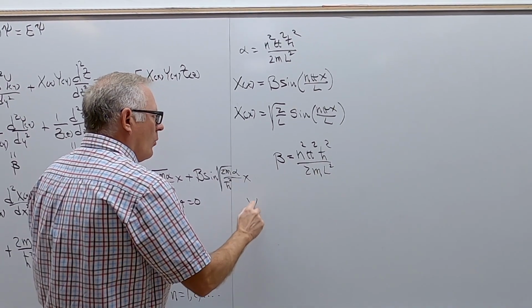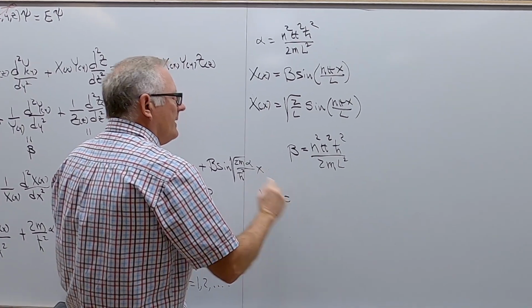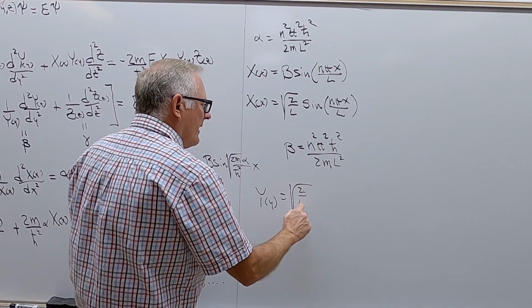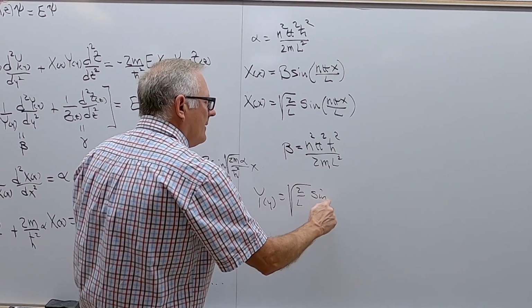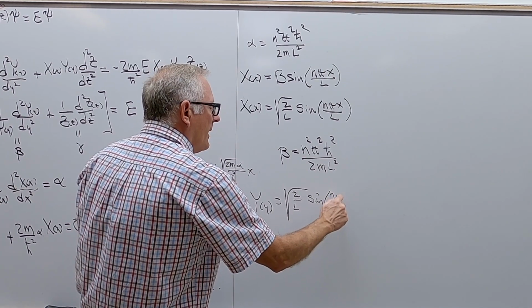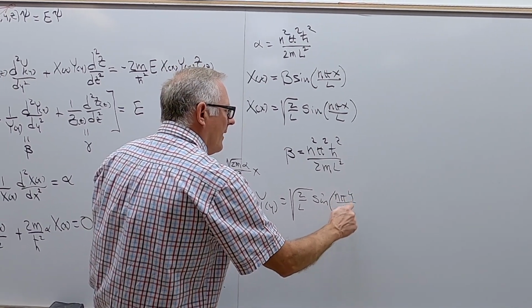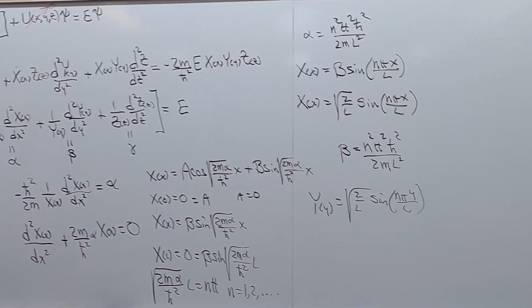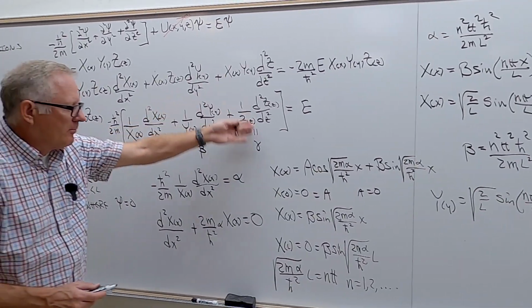And we're going to get Y sub y is equal to the same thing, the square root of 2 over L sine n pi y over L. And then we're going to get the same thing for z. It's the exact same. We're just going to plug it into here.